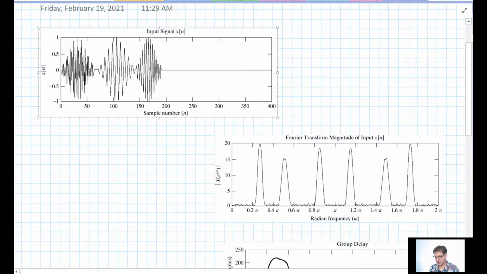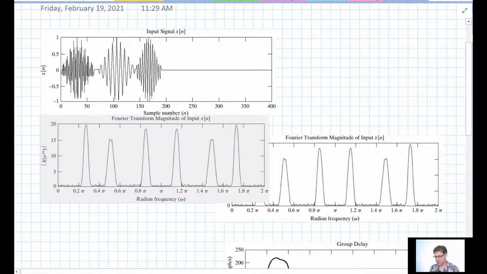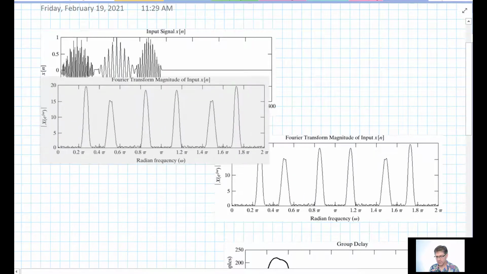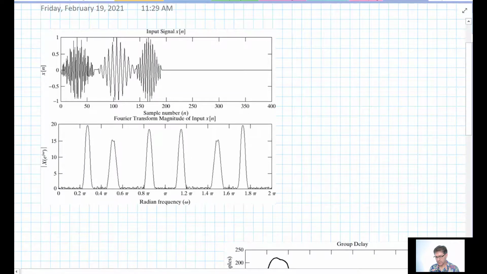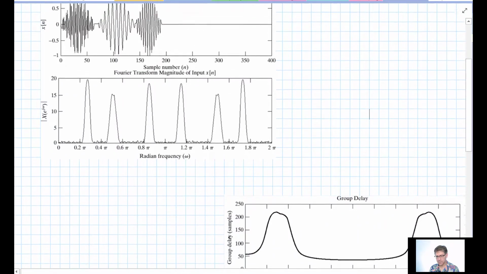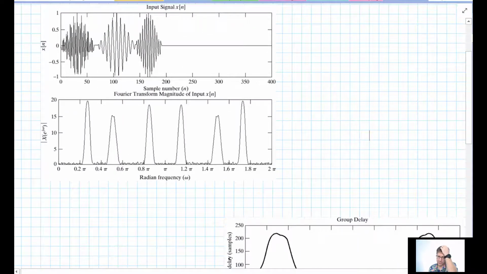And if we were to take the Fourier transform of this signal, so this would be the DTFT, and as we'll learn later, we're going to approximate the DTFT using the discrete Fourier transform, but that's how we actually did the calculation.